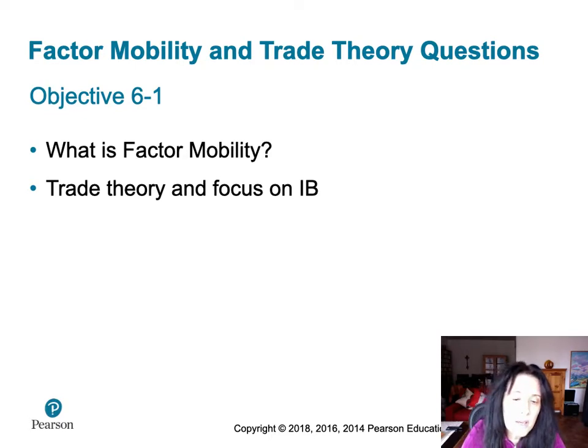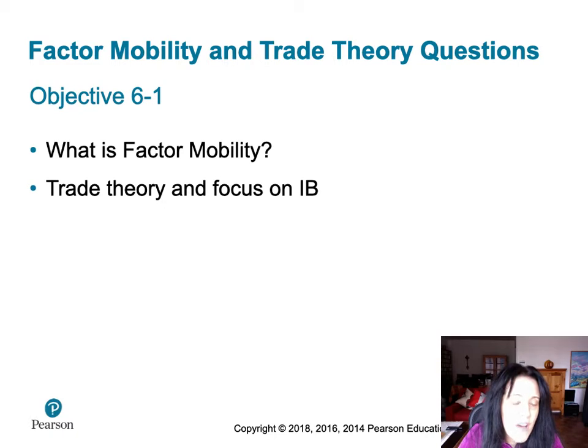Okay, so let's start with the first objective, which is the objective of understanding what is factor mobility, and then we will be looking at different trade theories. Okay, so we need to understand why policymakers rely on international trade and the factor mobility theories. So when I talk about the factor mobility, we are considering a number of concepts under that topic, okay?